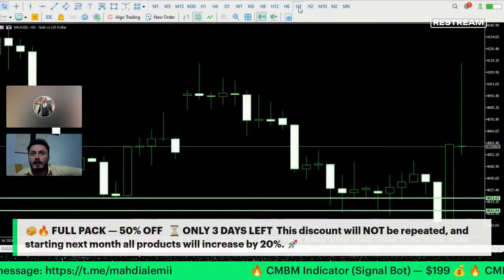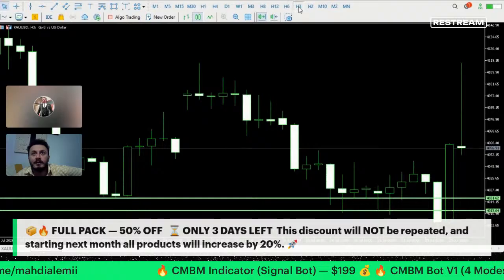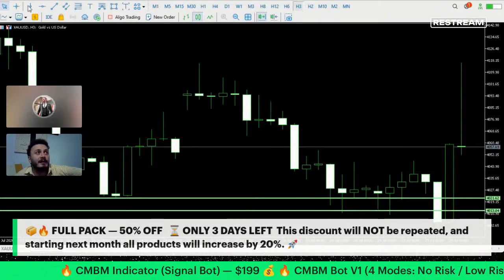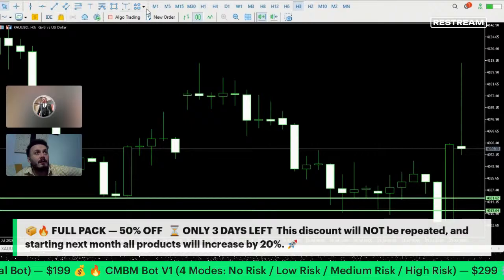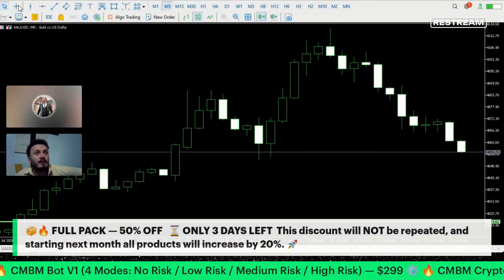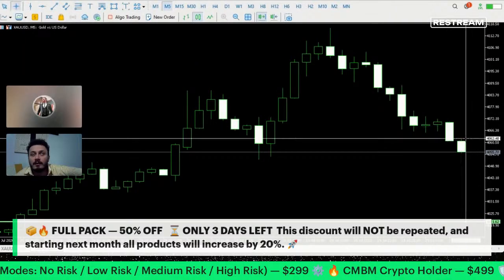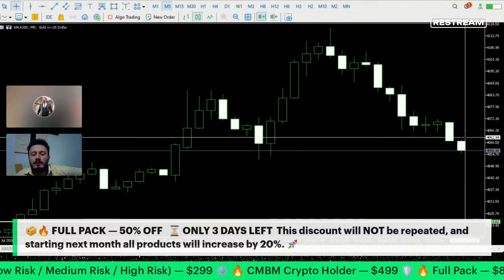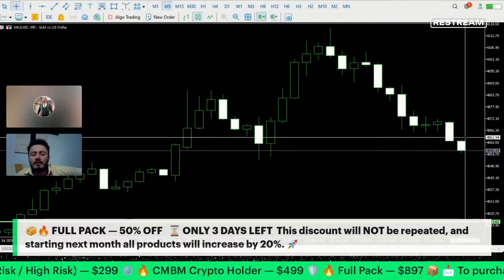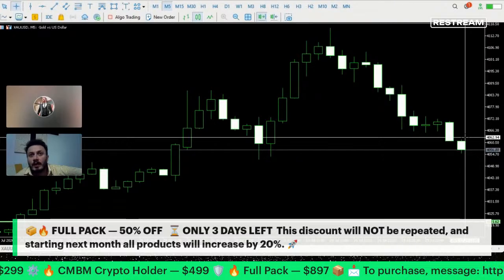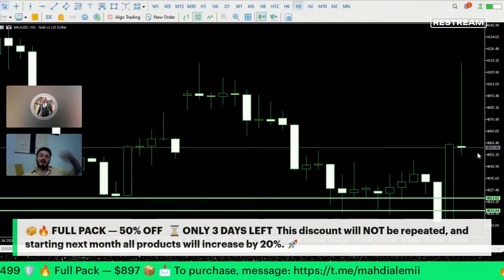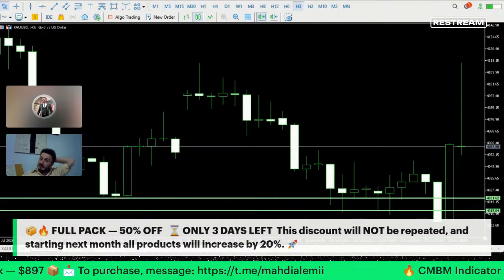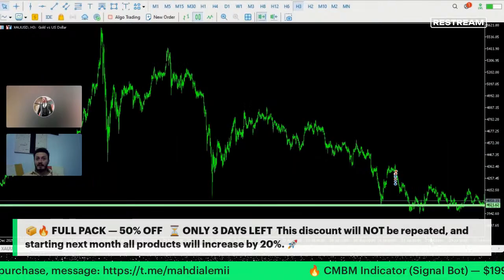Wow, look at the H3. Look at that. When it's going to close, it's just 1 hour. That H3 candle close. Wow.